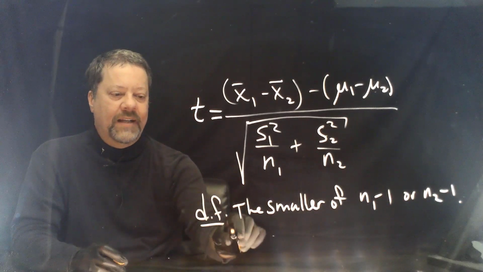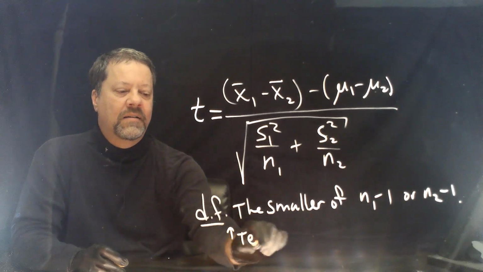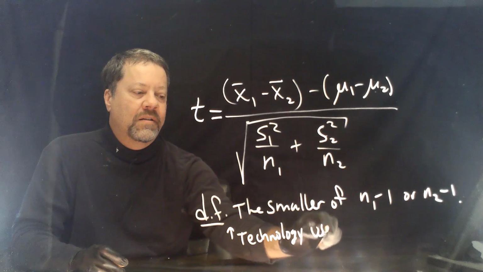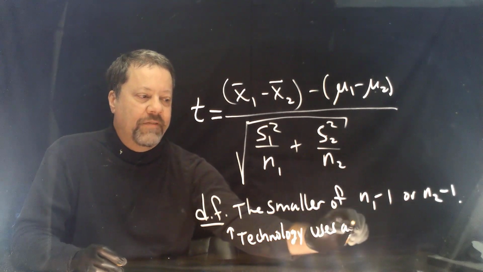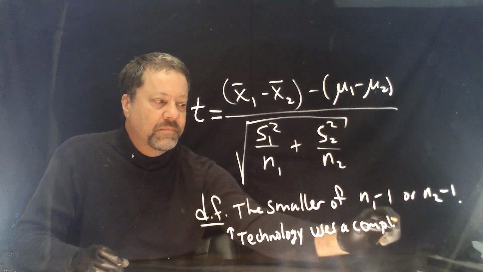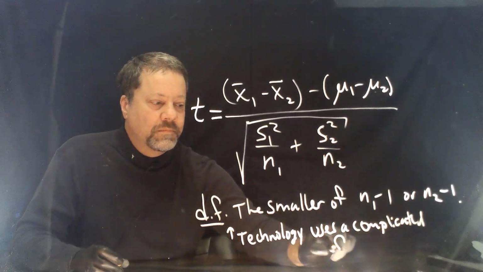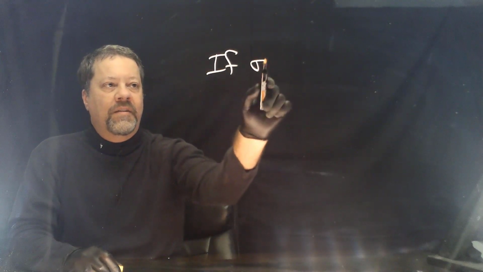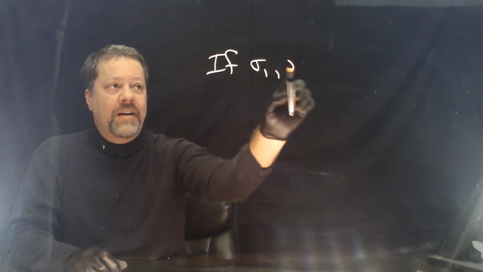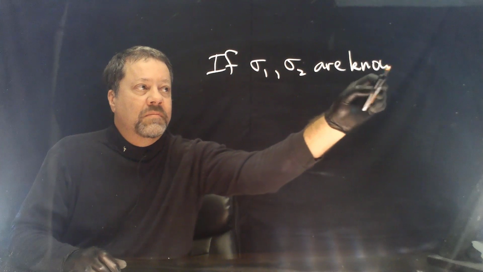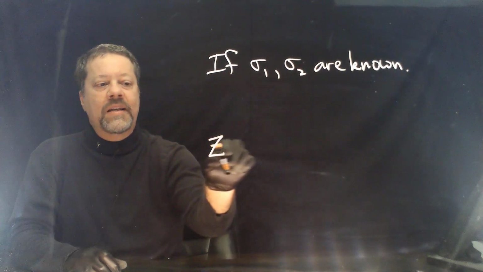I should note that technology uses a complicated formula for the degrees of freedom. If the population standard deviations are known, then you can use a z-score.